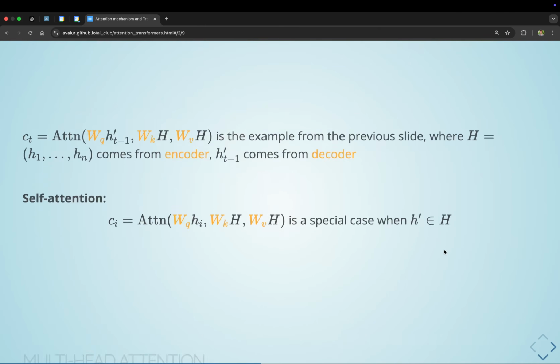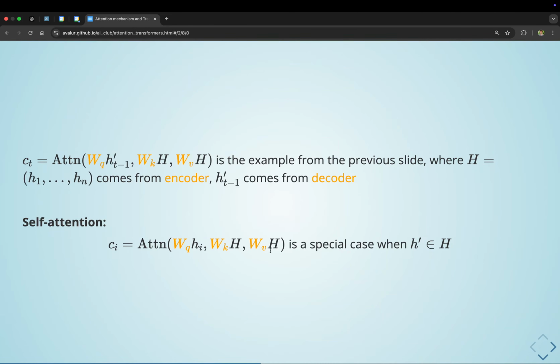So that's why it is called self-attention, because here all the vectors come from encoder, and the purpose of self-attention is to enrich the context between words in your sentence. For example, again, if you want to translate an English sentence, you firstly need to read it from left to right, from right to left, and this is as reading your sentence inside attention block.